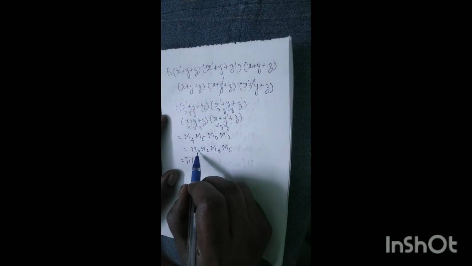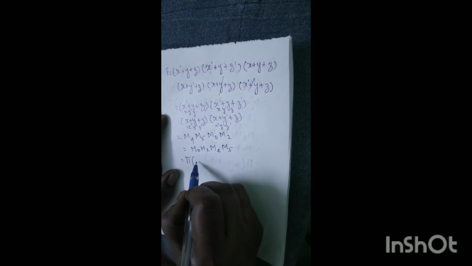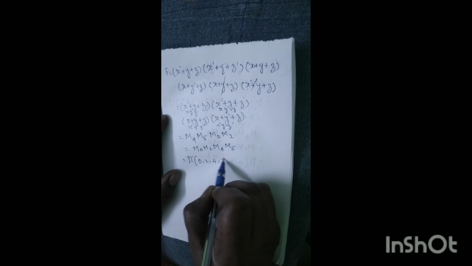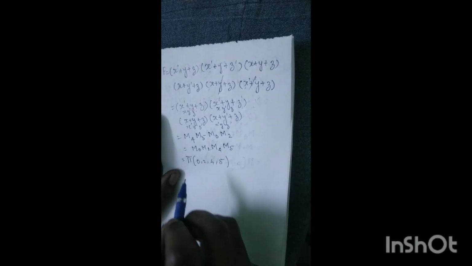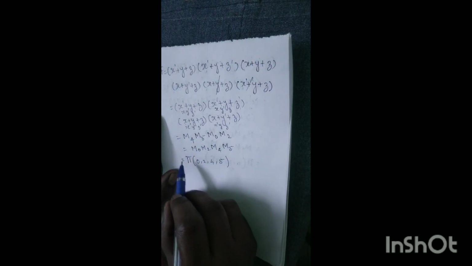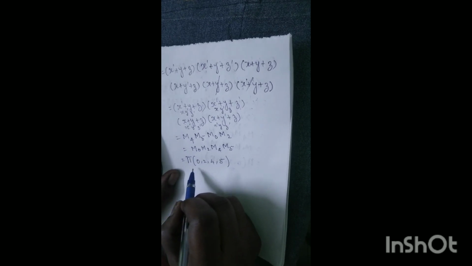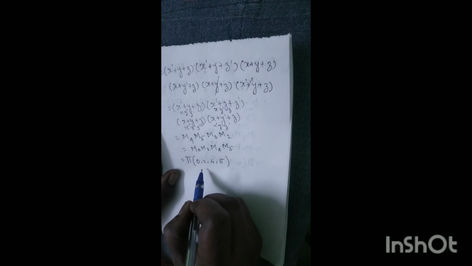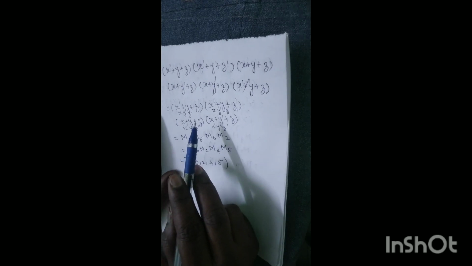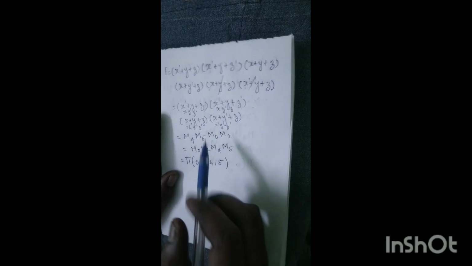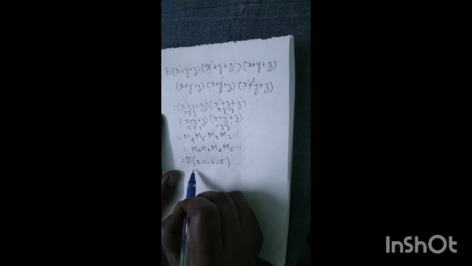Within a bracket, we should write all the suffix values 0, 2, 4 and 5. Likewise, we should write the product of max terms. This is the method. In this method, we convert a boolean function into product of max terms. That's all.